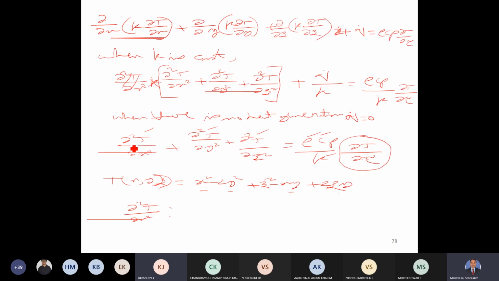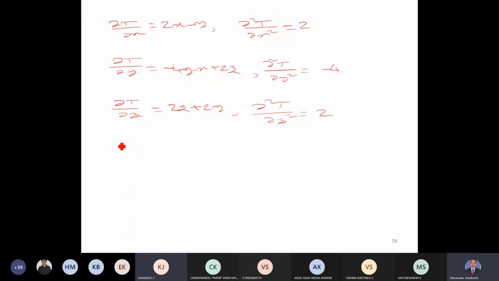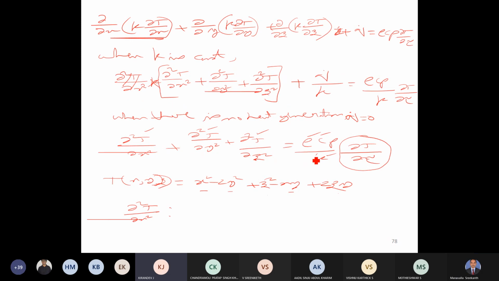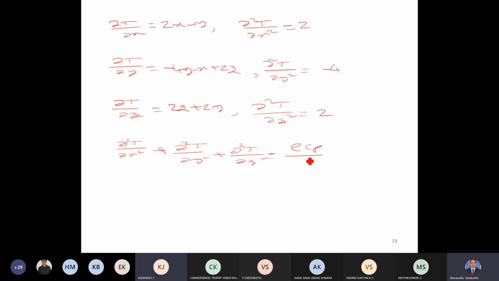Okay, so now we'll substitute these known values in the equation we have derived. ∂²T/∂x² plus ∂²T/∂y² plus ∂²T/∂z² is equal to rho cp by k ∂T/∂τ. Now ∂²T/∂x² is 2 plus ∂²T/∂y² is minus 4 plus ∂²T/∂z² is 2, equal to rho cp by k ∂T/∂τ.